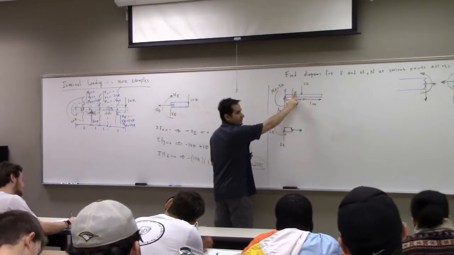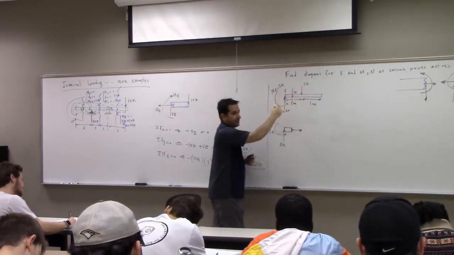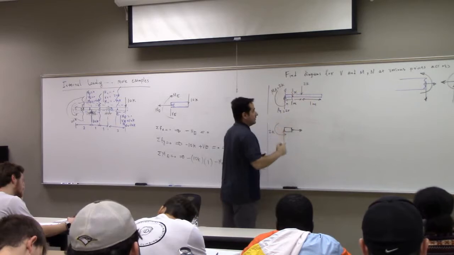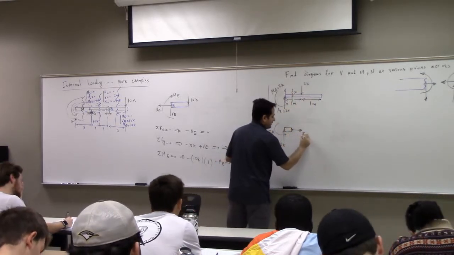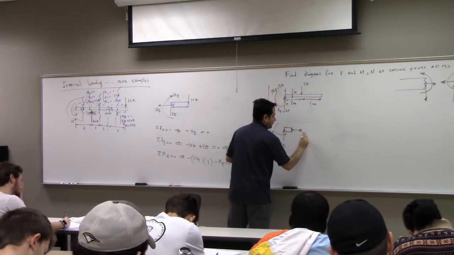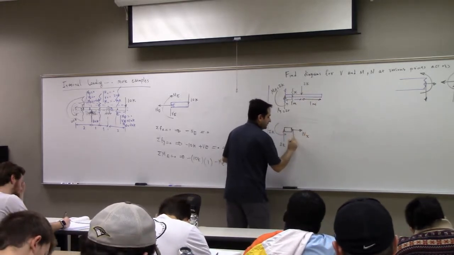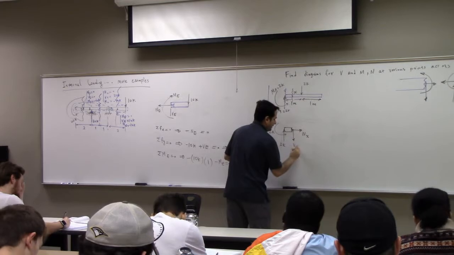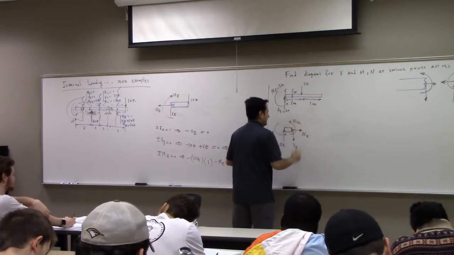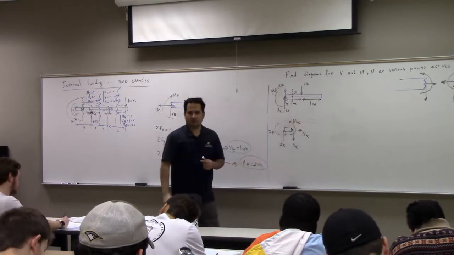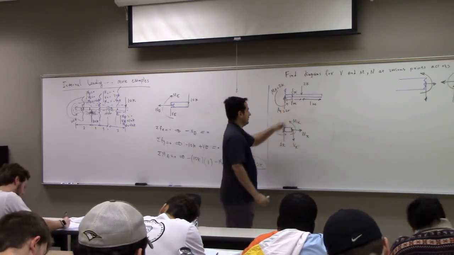So you just say X, and then I can move this X to any point. So at point X here, I have the normal force in X, the shear load in X, and the bending moment at point X. I have all these three components here.